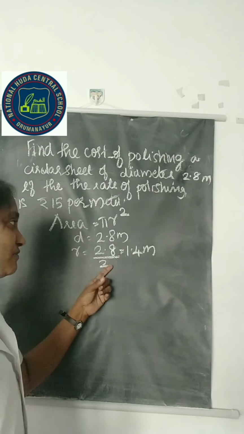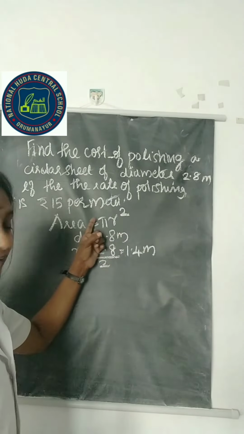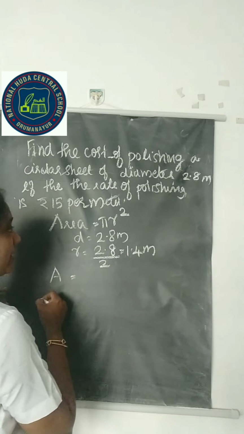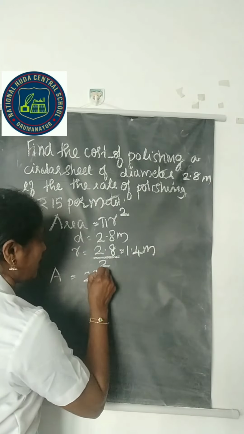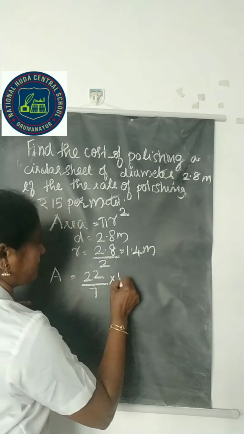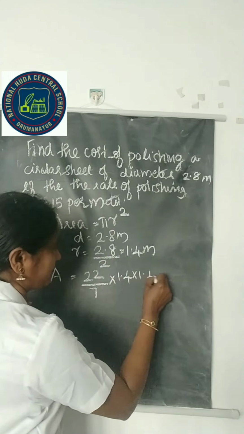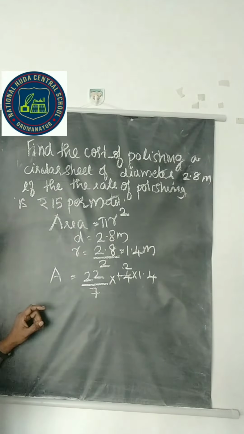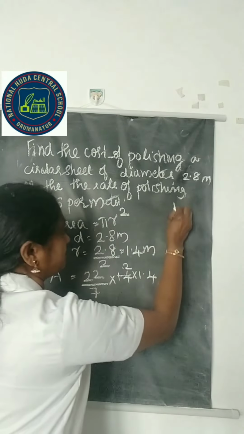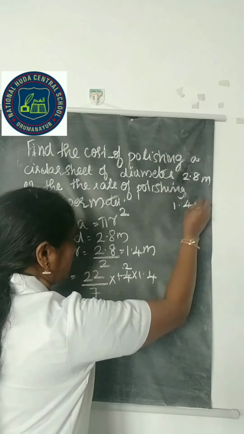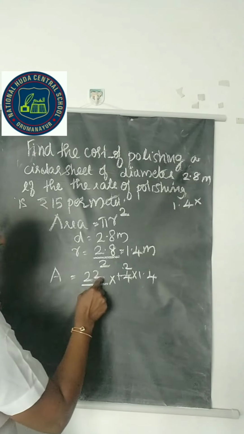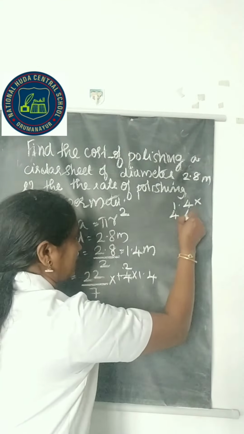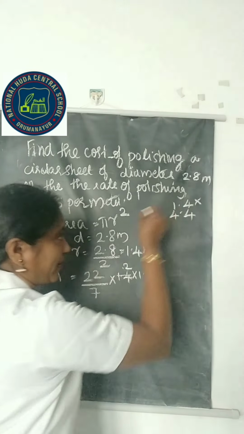Now we can substitute this value in area is equal to pi r square. That is area equal to pi, we can take it as 22 by 7 into 1.4 into 1.4. And these two get cancelled and we will get 0.2. Now we can multiply these: 22 into 2 is equal to 44. With 1 decimal each, 4.4 into 1.4.